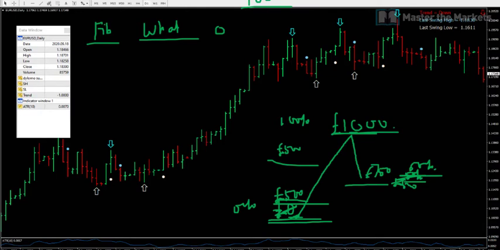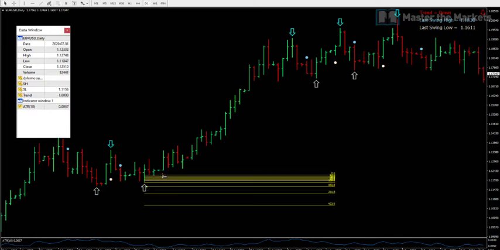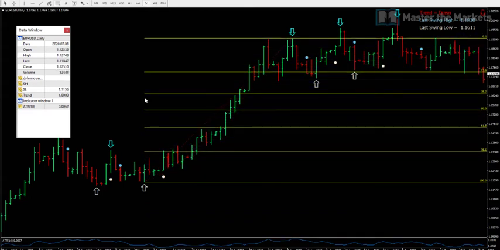Now, if I were to draw a Fibonacci tool over here, as I just mentioned, you have to take the 0 point and the 100% point. Of course, if you're looking to buy into a position, then we're looking at 0 being here and the 100 being there. And you can see it nicely draws out the 50%, 38.2%, 23.6, 61.8, 78.6.